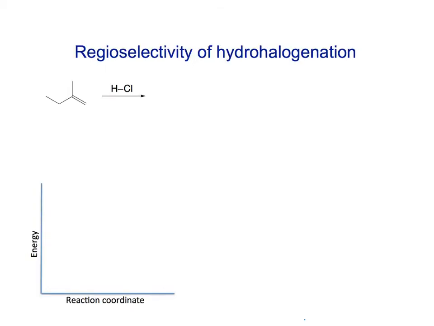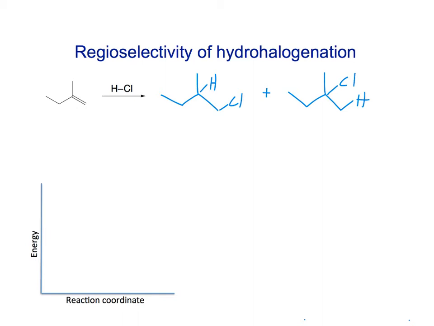For example, we could add the H to this position here, add the chlorine over here. Alternatively, we could add the new H over here and the chlorine here, right? Is there any reason why those would be formed in equal amounts?